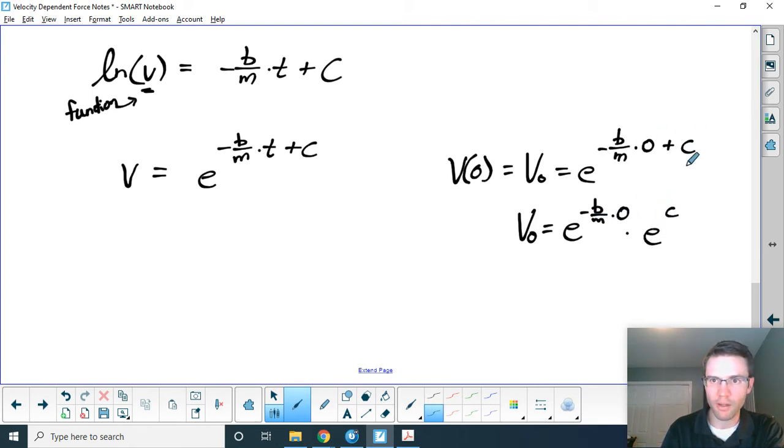That's how we break apart these terms. Well, this is just going to be 1. Anything to the 0 power is 1. And so we get v0 is equal to e to the c, which is just a constant c. So we get c is equal to v0.